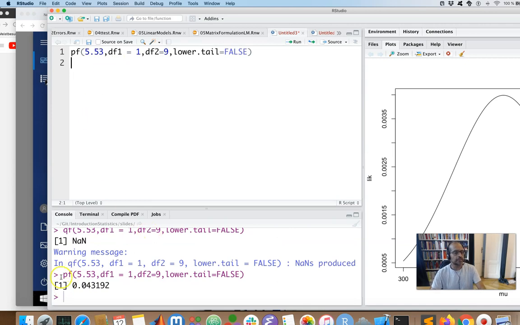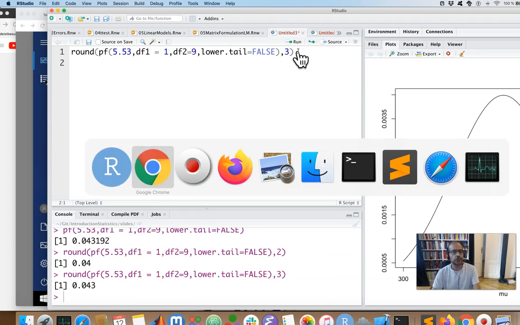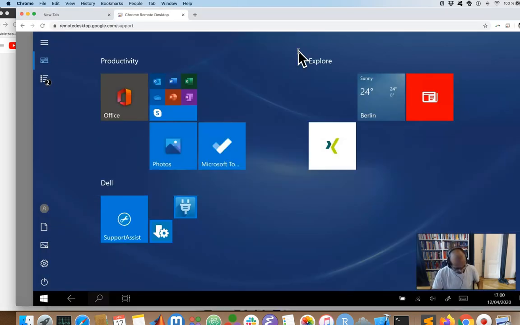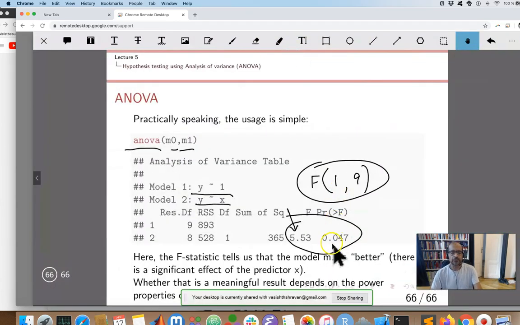And once I compute the probability, if I round it to, let's say, 3 digits, 0.043, that should be pretty much what I get from my test here. So I don't know why I got 0.047 here. It should have been 0.043. Am I doing something wrong here?